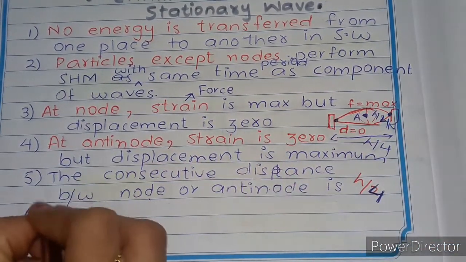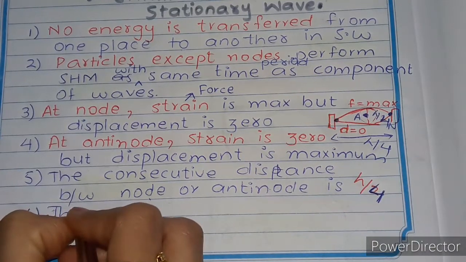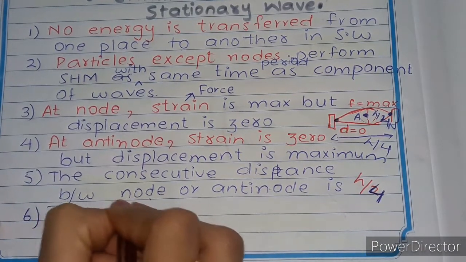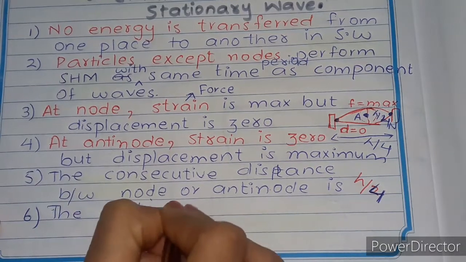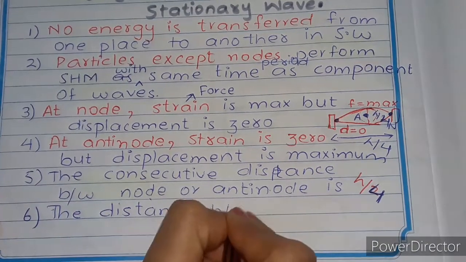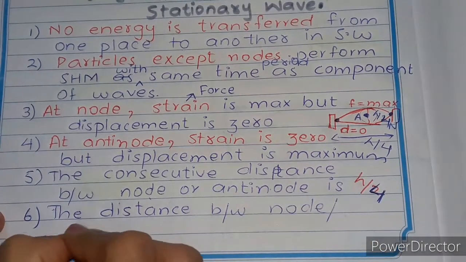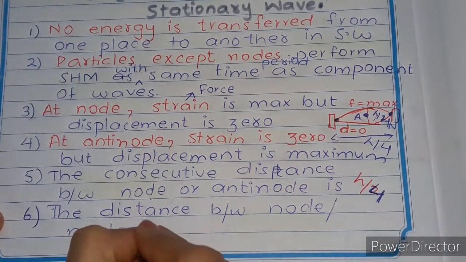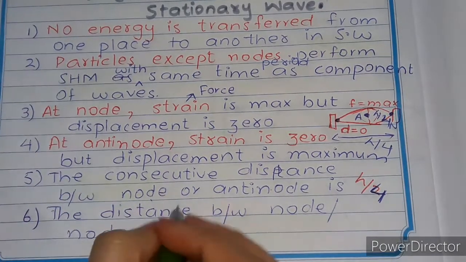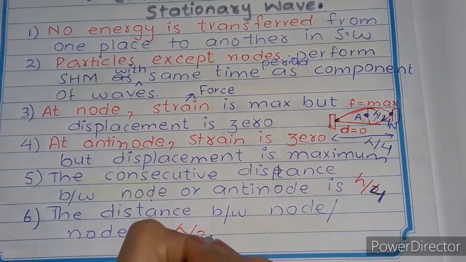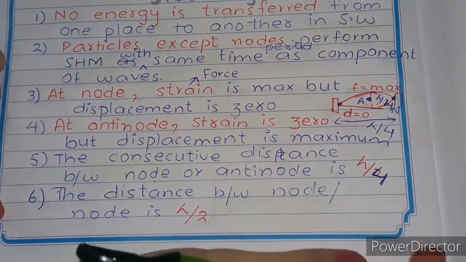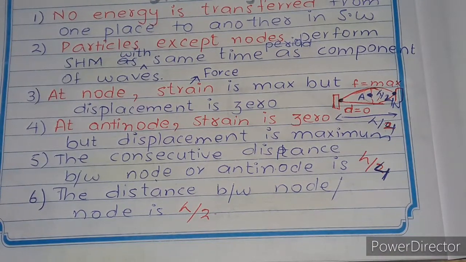The distance between node and node is lambda by 2. Lambda is the characteristic of the wave.